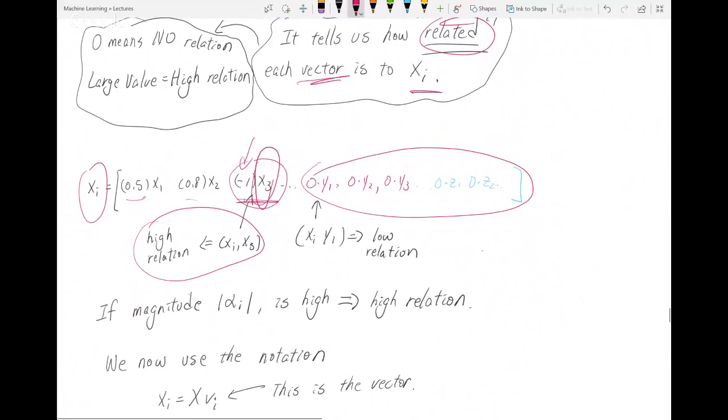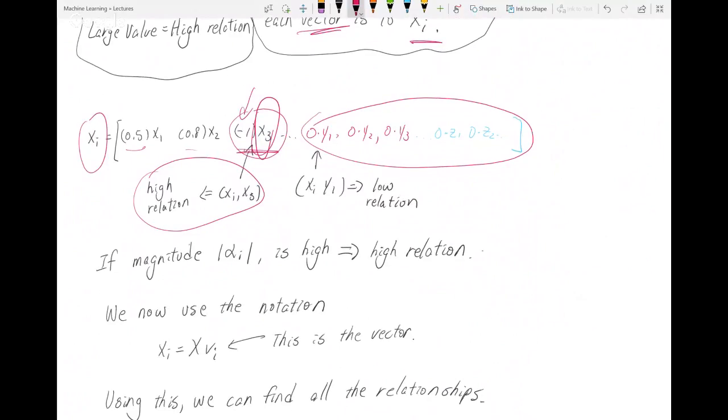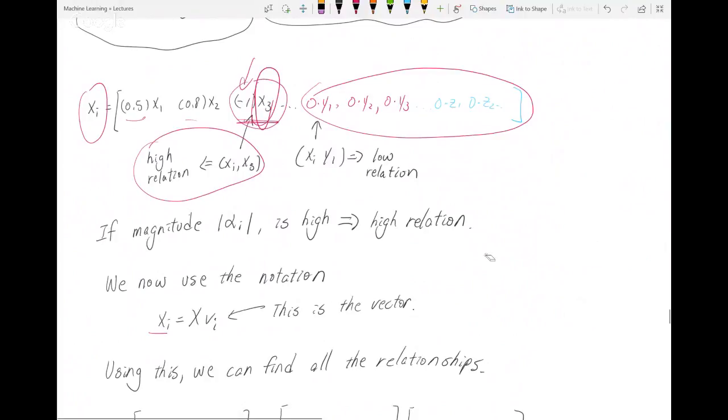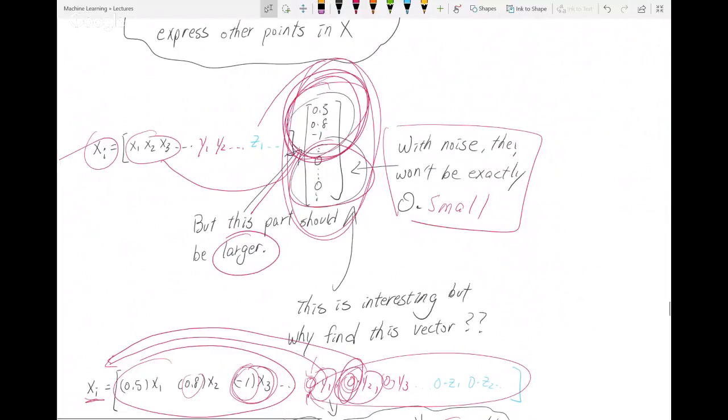Then I'm going to use this other notation. Before it was x times this whole big vector. I'm just going to call it vi. So remember, this is vi. This is xi.